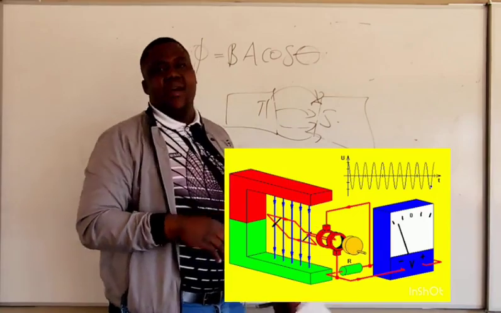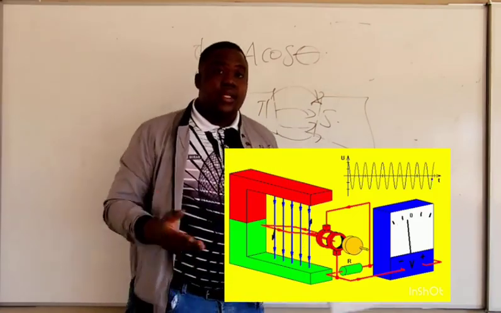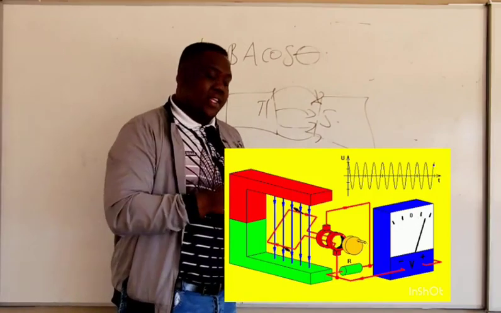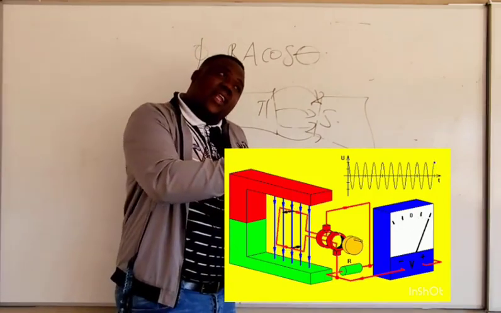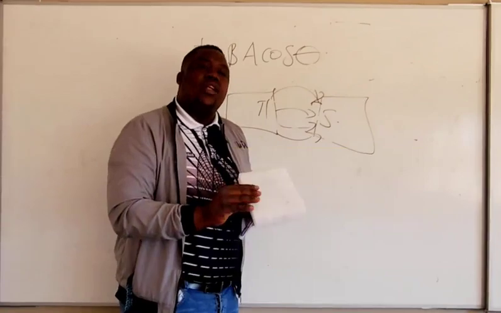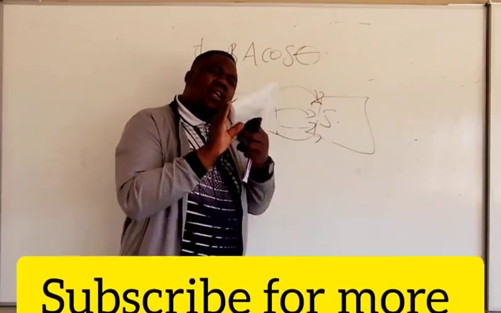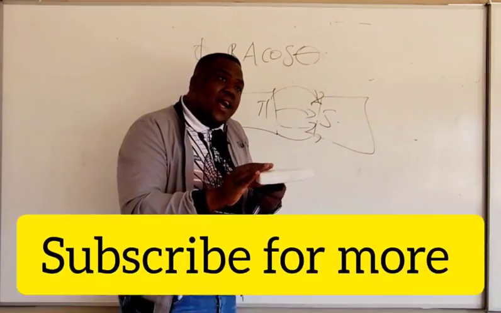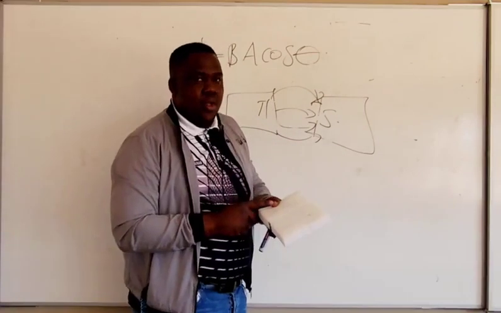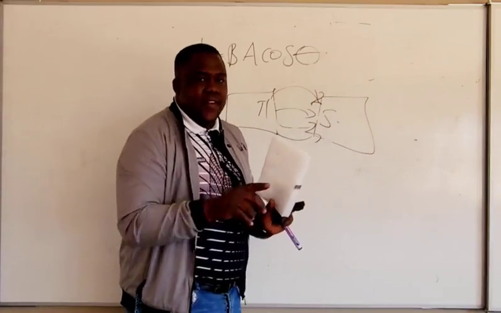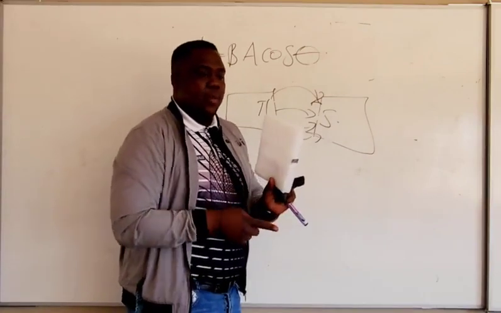We're talking about the coil. I hope you are understanding. A normal line is a line which is found in the coil, but it is situated in a manner that when the coil is parallel to the magnetic field line, the normal line is perpendicular. When the coil becomes perpendicular to the magnetic field line, the normal line is parallel.